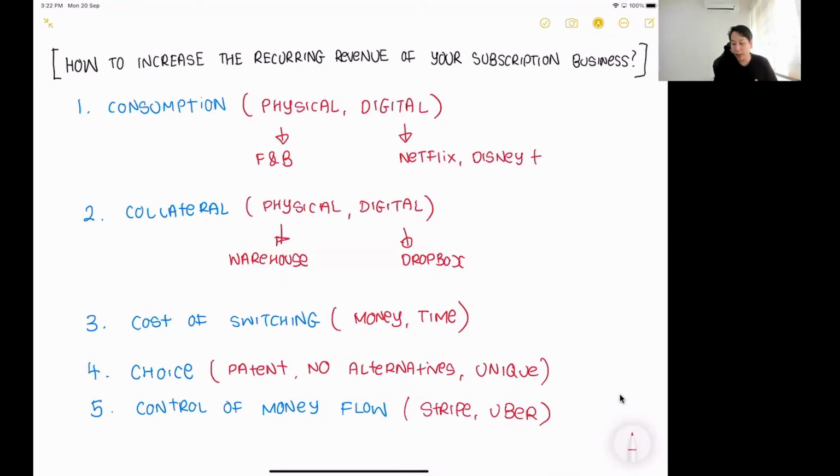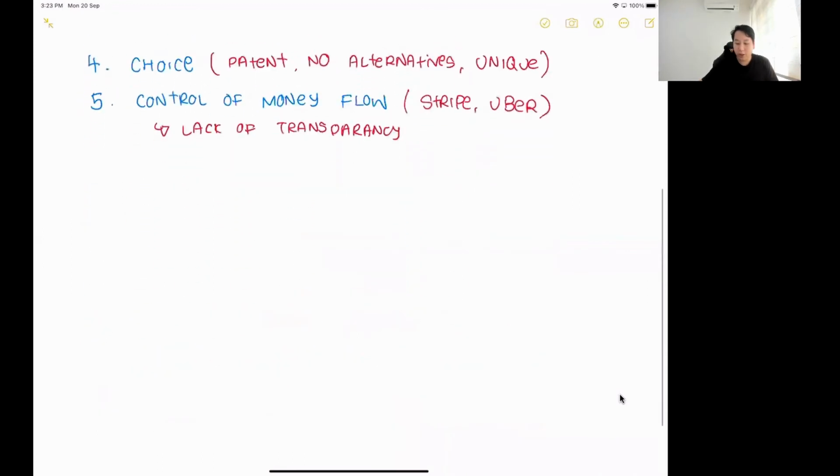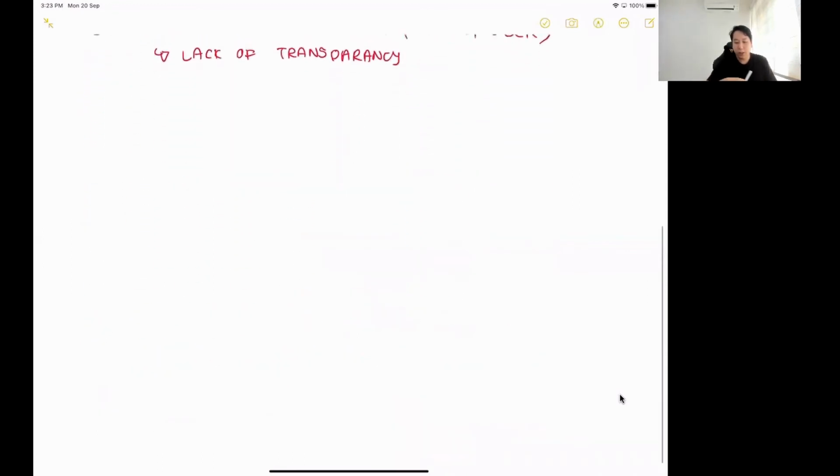Stripe is the case, Uber is the same case. There is basically a lack of transparency. What you are seeing is the amount that is already paid to you. So this is the reason why you don't find it so painful and you continue to use their services.